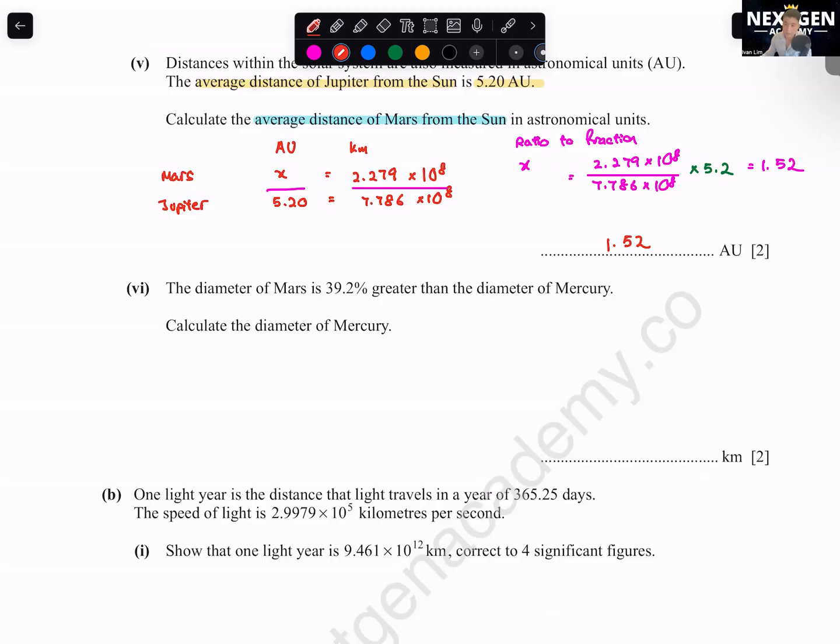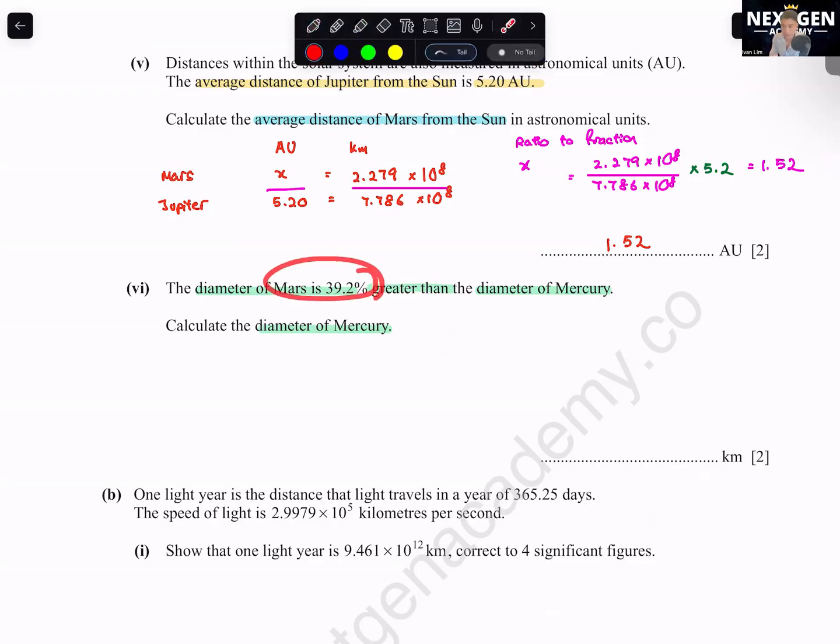Okay, question 6. The diameter of Mars is 39.2% greater than the diameter of Mercury. Find the diameter of Mercury. All right. Diameter of Mars represents how many percent?